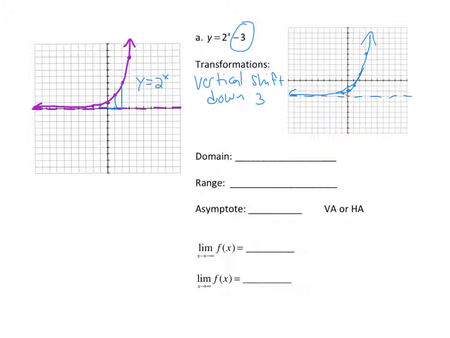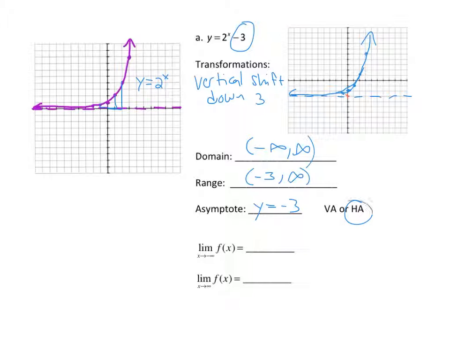Okay, the domain of this graph is -infinity to infinity for all exponential graphs. The range, since it moved down, my lowest y value is approaching -3. It'll never hit -3, so I do a parenthesis, -3 to infinity. The asymptote moved down to y equals -3.